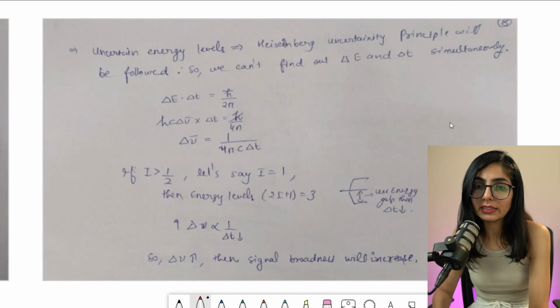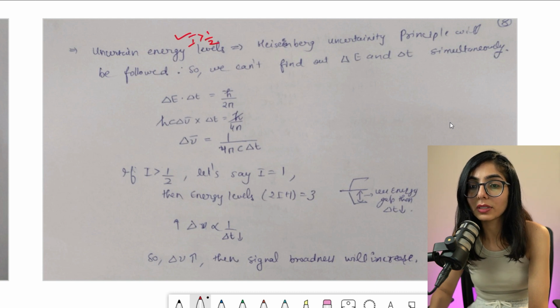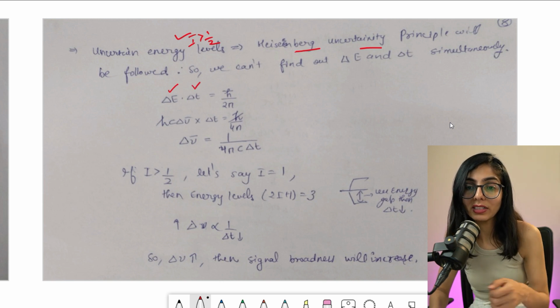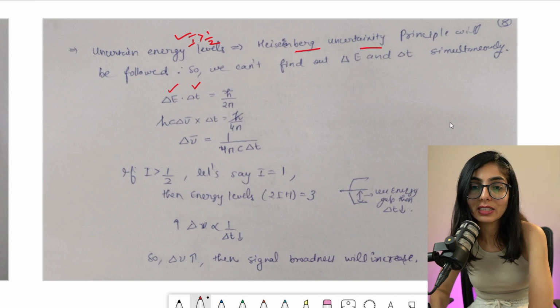So uncertain energy levels are there when I is greater than half, so the Heisenberg uncertainty principle will be followed there. That means we can't find del E and del T simultaneously. Always remember that. The formula is the Heisenberg uncertainty principle: del E into del T is equal to h cut by 2 pi.